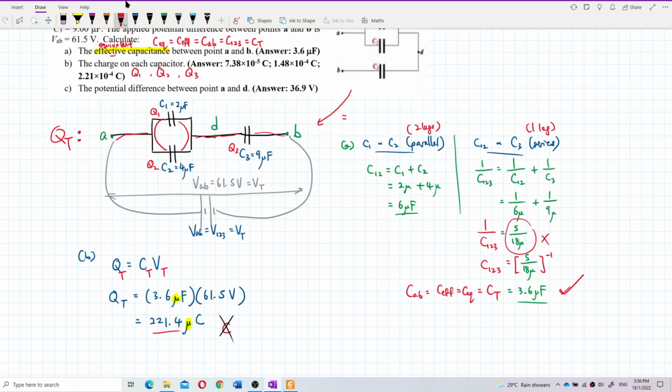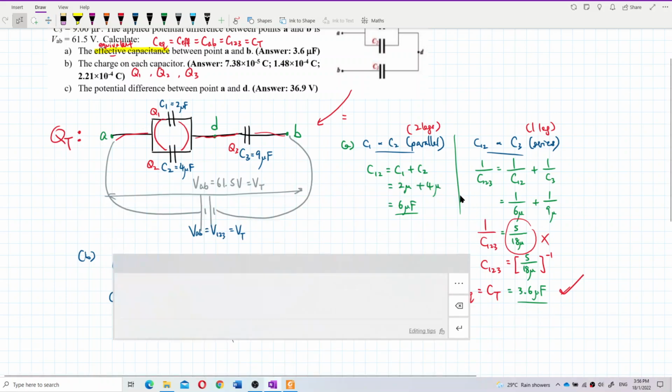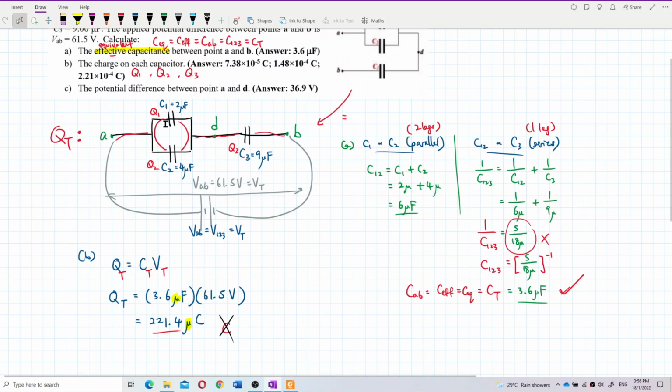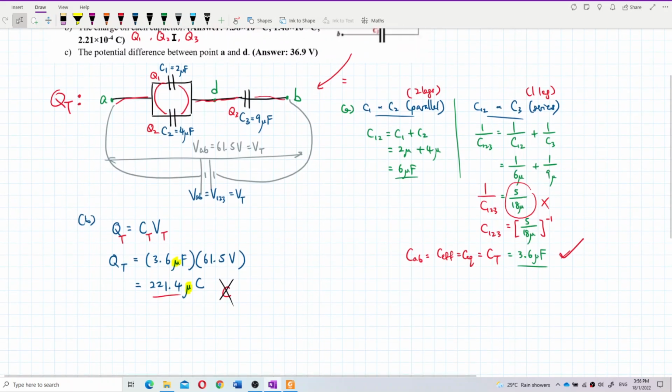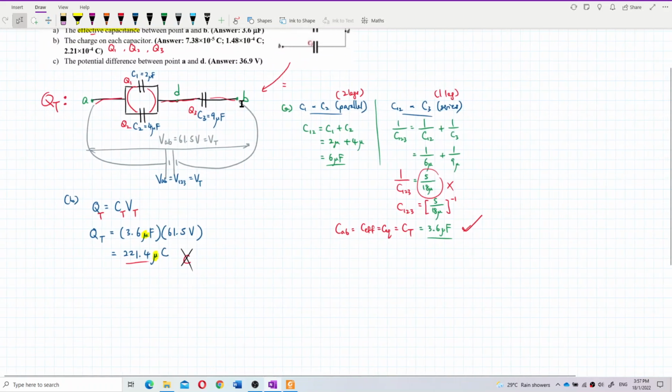You see this, C1 and C2 is in series with C3, isn't it? So it's a series circuit. Okay, go back to here.